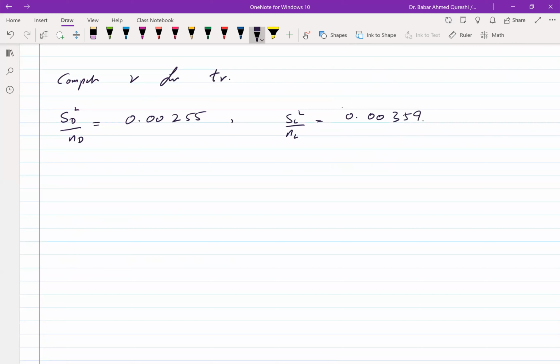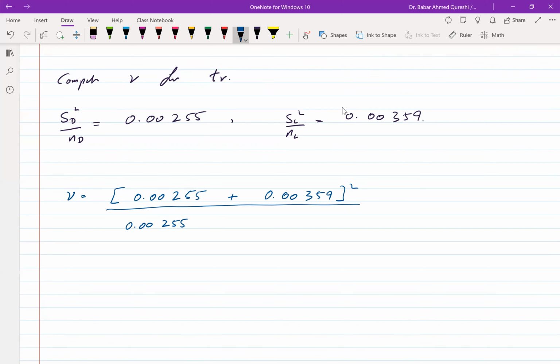So to compute this nu, I will have 0.00255 plus 0.00359, squared, divided by 0.00255 squared over 122 plus 0.00359 squared over 113, because I have to put in one less than the sample number over here. And the same number which you computed comes here and the square comes down here.